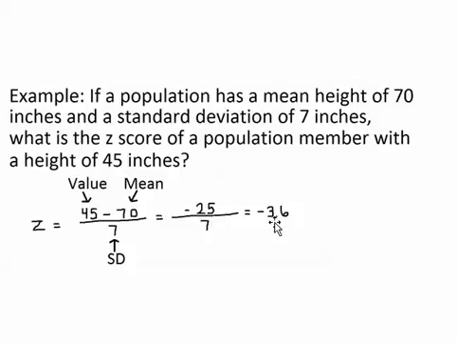So the person's z-score is negative 3.6. So we've subtracted on top first, and then we divided by 7 on the bottom. 45 minus 70 was negative 25, and then negative 25 divided by 7 was negative 3.6.